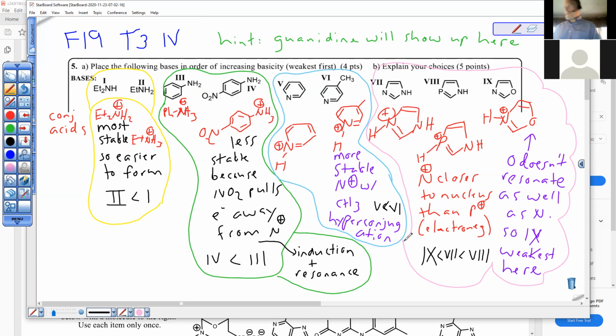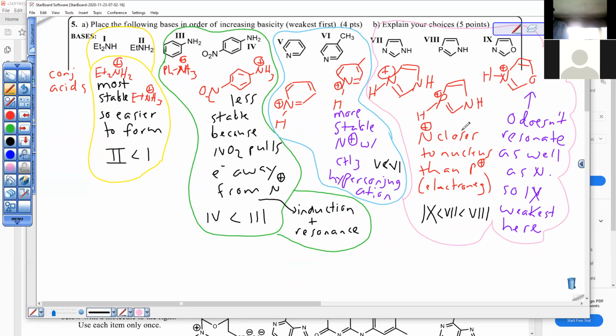We're almost all the way there. And the two alkyls at the end. The imidazoles right before that.